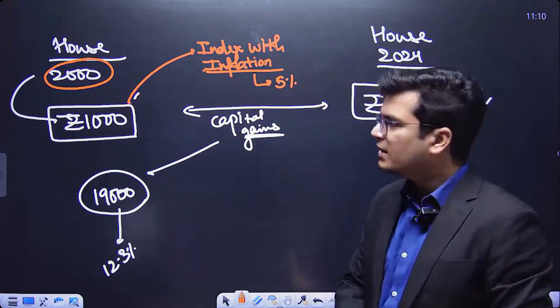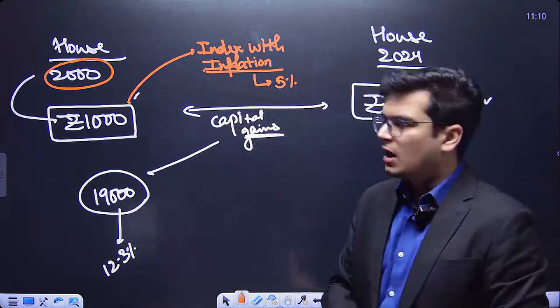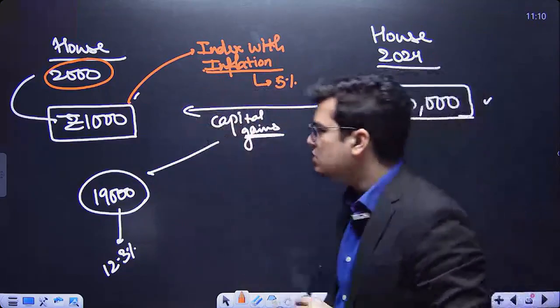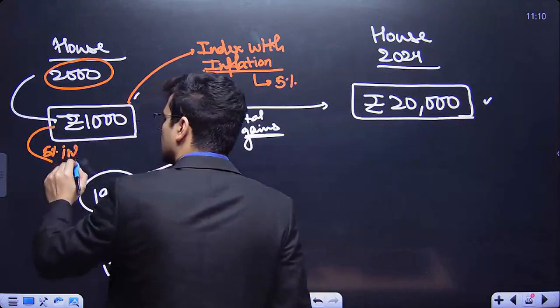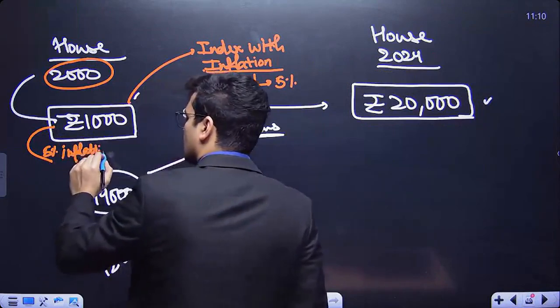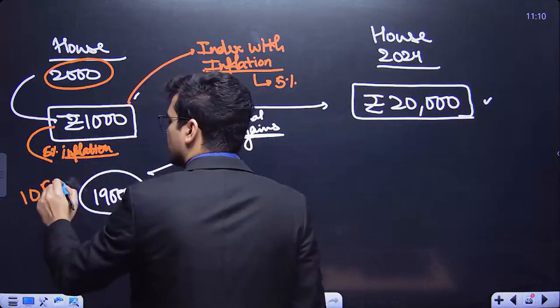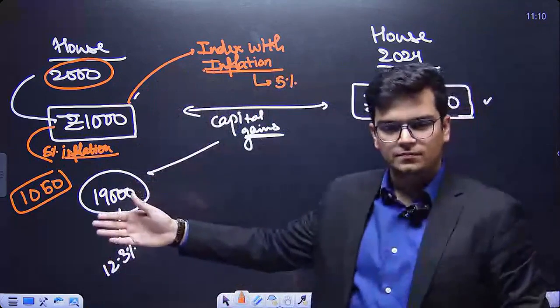Government will say that in 2001, even though you did not sell it, the fair market value of this house was 1000 plus 5% inflation. So in 2001 this house was priced at 1050, because inflation is happening, right?